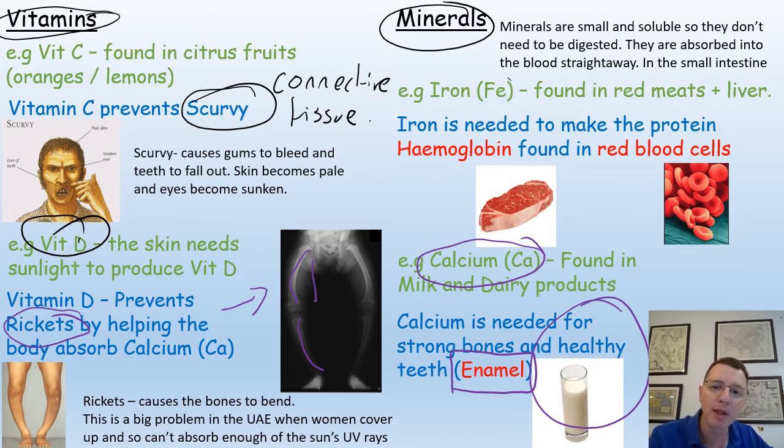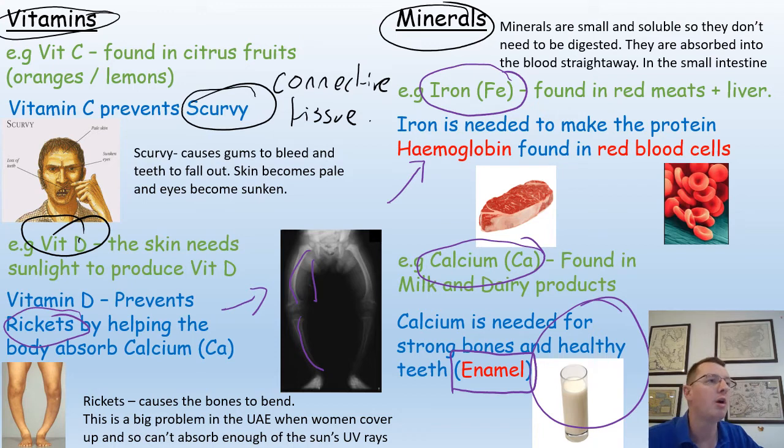The other mineral we need to look at is iron. Iron is found in red meat and liver, and we need iron to make a particular protein called hemoglobin. At the very center of hemoglobin is one single iron atom. Hemoglobin is found in red blood cells and is used to transport and bind to oxygen.